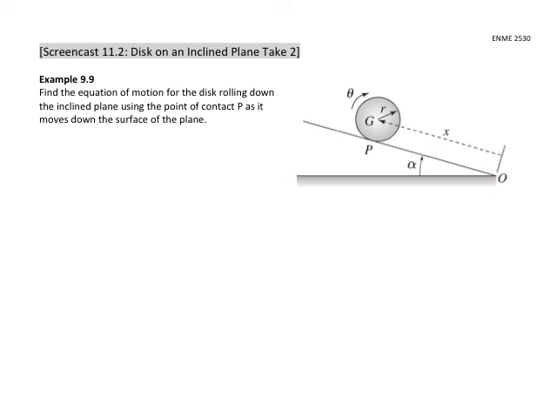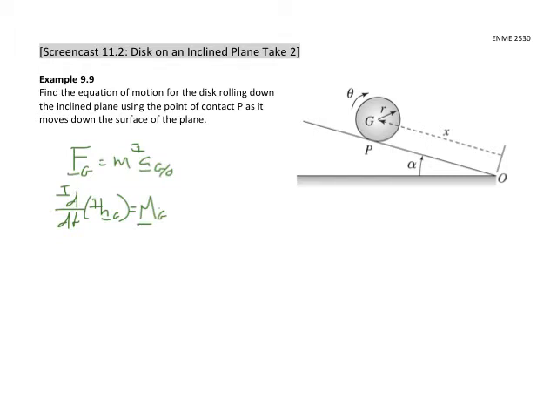In this screencast, we look at the same problem that we did earlier, in which we have a disk rolling down an inclined plane with a constant slope. And instead of using the sum of the forces, the center of mass multiplied times the acceleration of the center of mass, Euler's first law and Euler's second law, which is the time derivative of the angular momentum about the center of mass equal to the moments about the center of mass, we'll now work this using an arbitrary point.